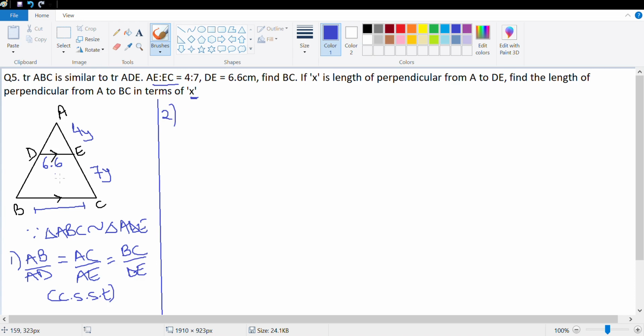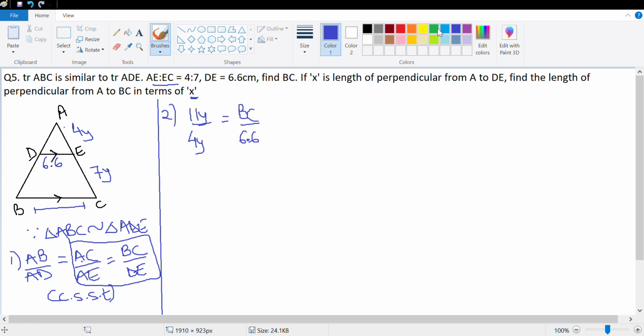AB we don't know, so we will just ignore this. We will look at these two values. AC, which is 4y plus 7y, that's 11y. AE is 4y. Next is equal to BC upon DE, which is 6.6.